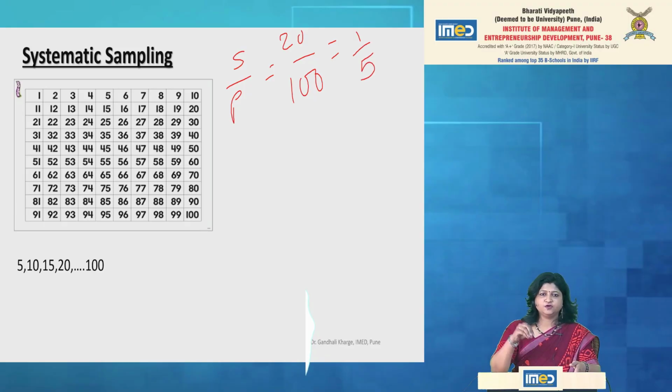So each fifth observation or each fifth respondent will be included in my sample.